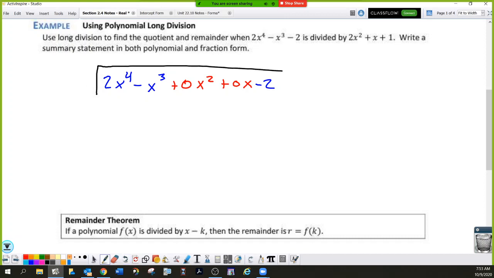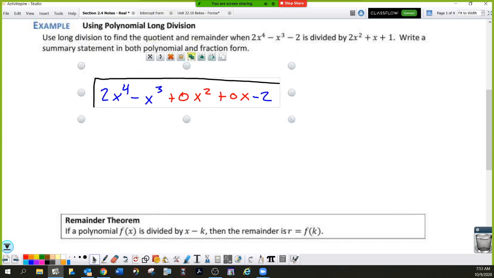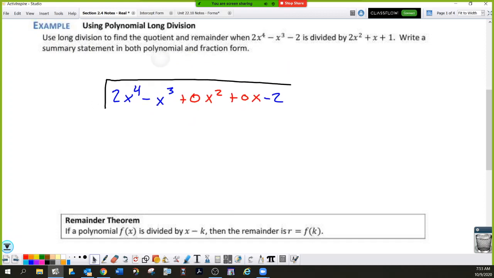Okay, I have not left myself enough space, so just give me a moment to fix that. You won't give us one where it's 1/2 x cubed, right? Long division with fractions would just be mean, so no, I won't do that to you.